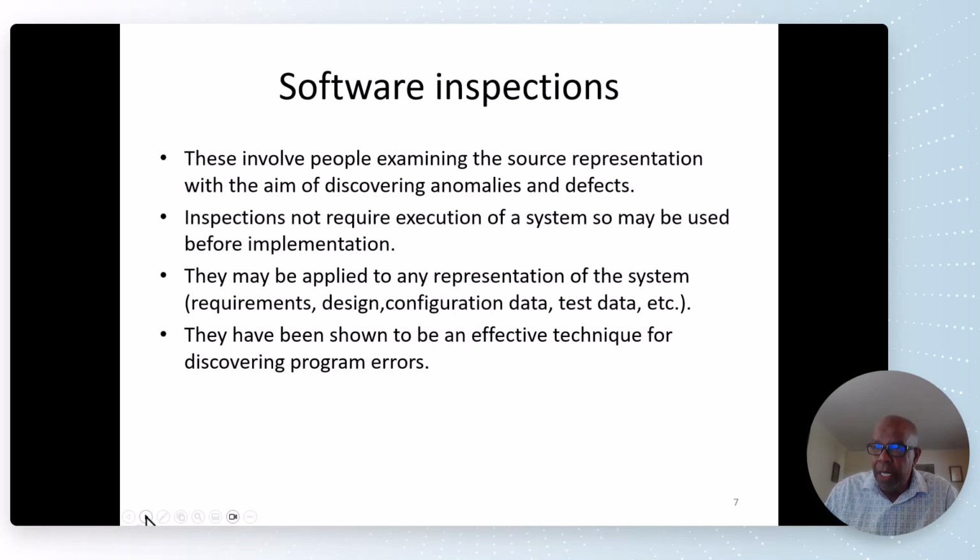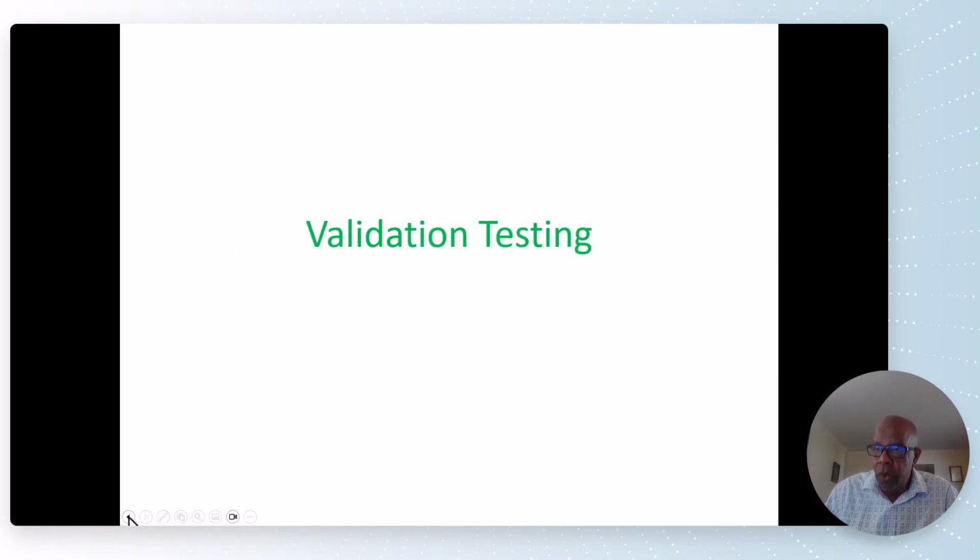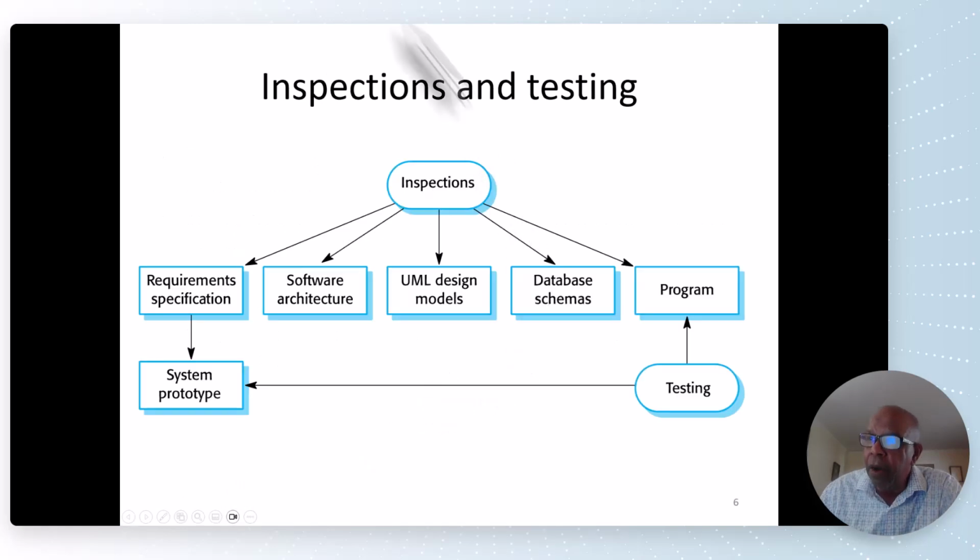So going back here, all of these items or all of these methods are candidates for inspection. Looking at the requirement specification, are they right? Software architecture, are they right? Unified Modeling Language, is it right? Here we can manually look at these pieces of the system and determine whether they meet the requirements they're supposed to meet. Inspections are a great way of doing that.